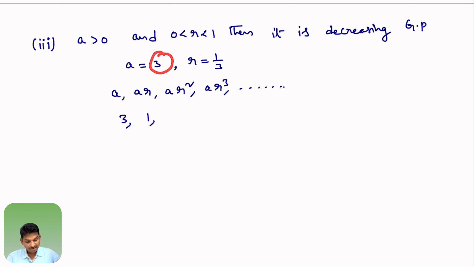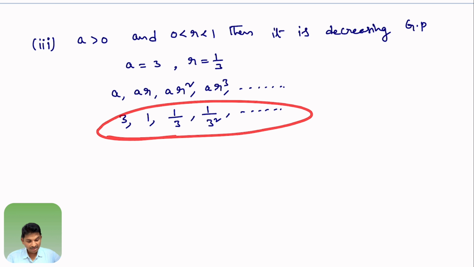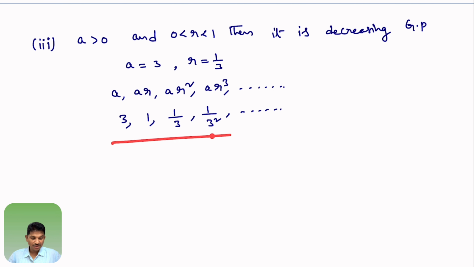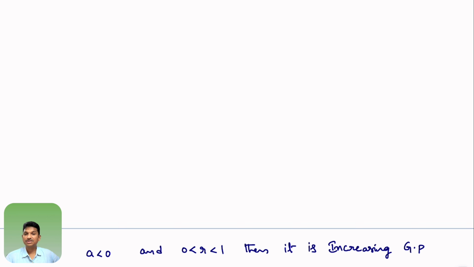AR square, 3 into 1 by 3 square, that is 1 by 3. AR cube, 3 into 1 by 3 power 3, that is 1 by 3 square. If you observe these numbers, are they increasing or decreasing? 3, next 1, decreasing. 1 to 1 by 3, decreasing. 1 by 3 to 1 by 9, decreasing. These are decreasing numbers. So, it forms a decreasing geometric progression.